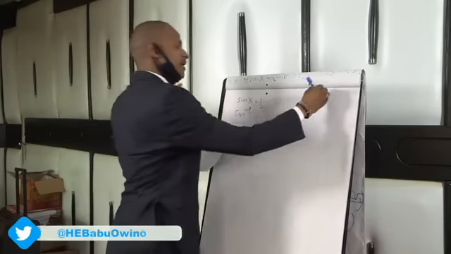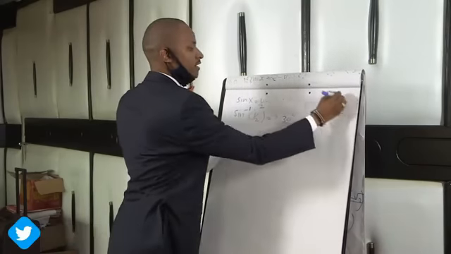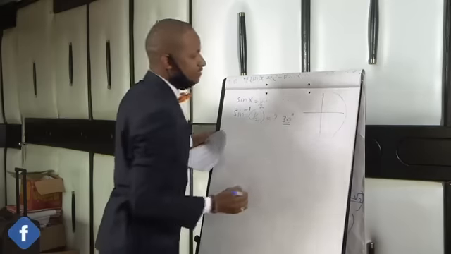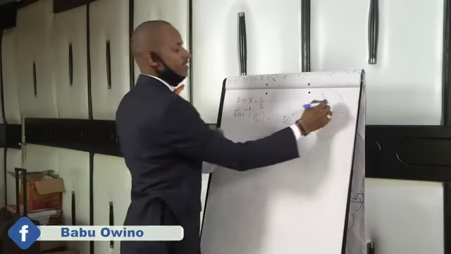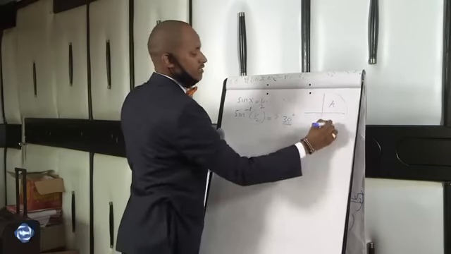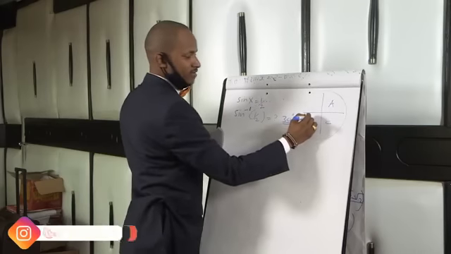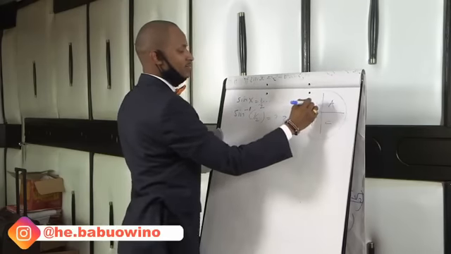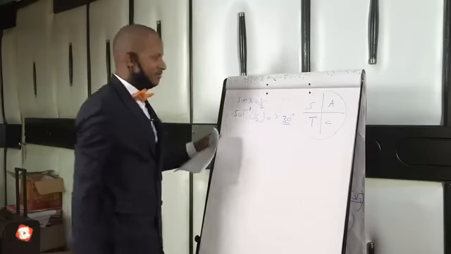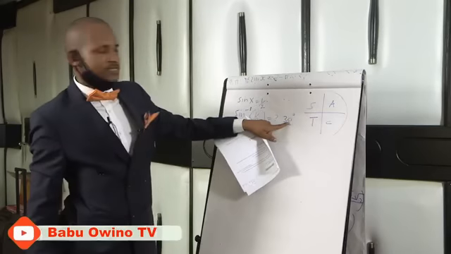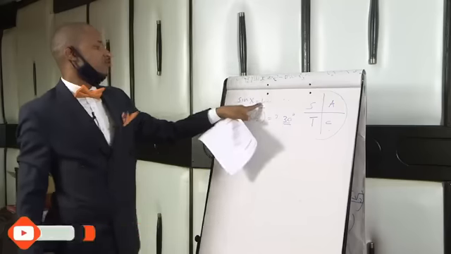Therefore, you come again and draw the quadrant circle. In the circle, we said all students take... So the angle is 30 degrees. But this time round, it's positive.